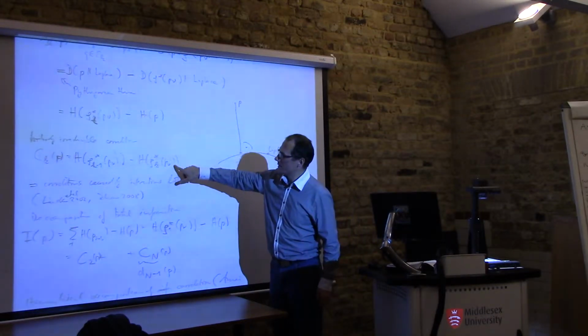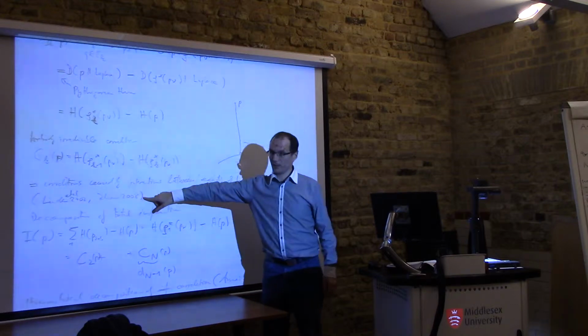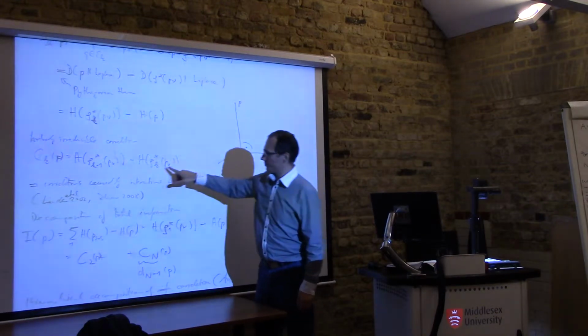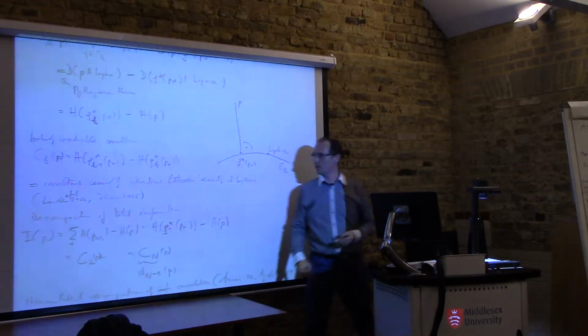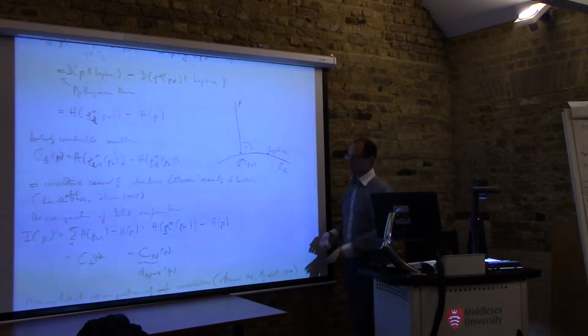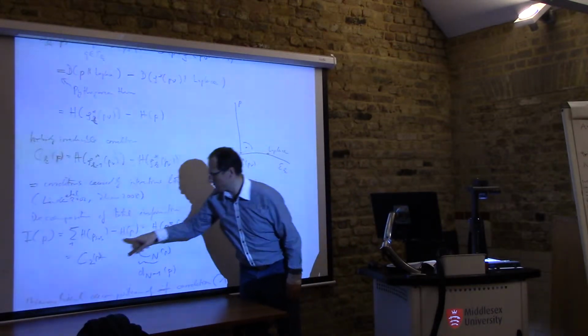This was introduced in 2002 by Linden and colleagues, and later by Su in condensed matter physics. What they have done is interpret this as the correlations which are created by interactions of exactly k bodies. And this gives you a decomposition of information. This is I(P), the total information.